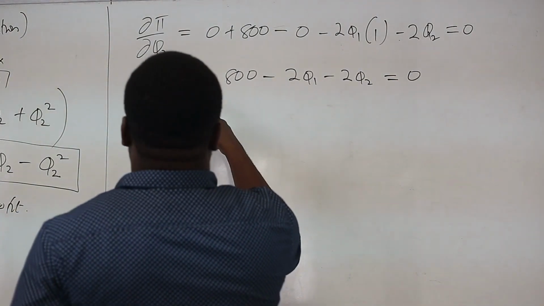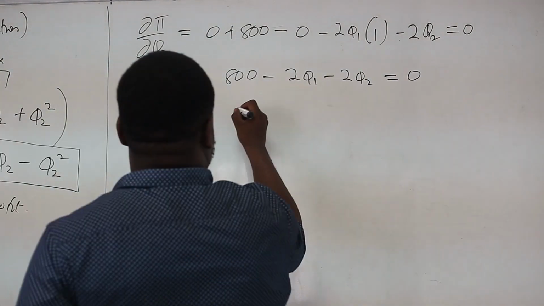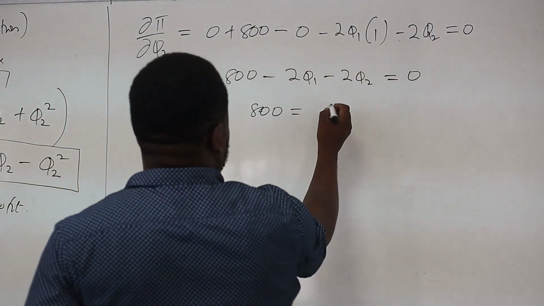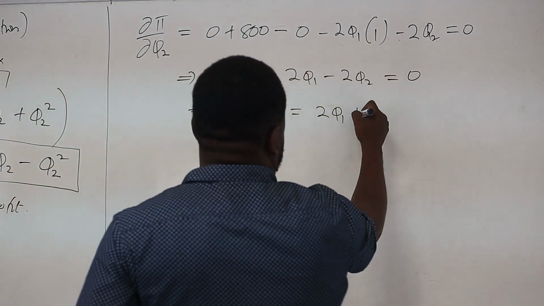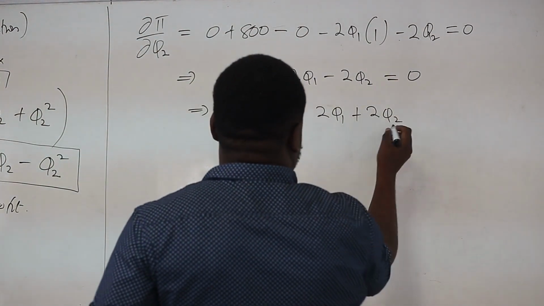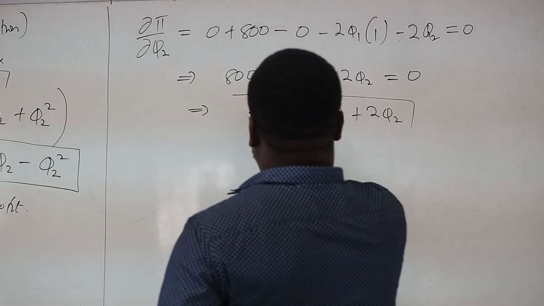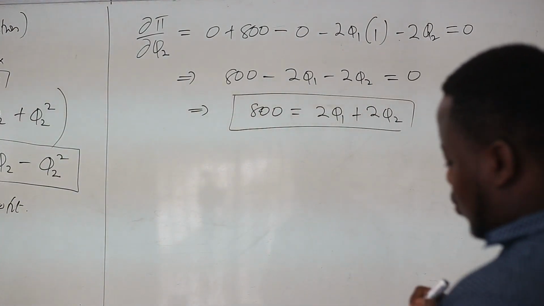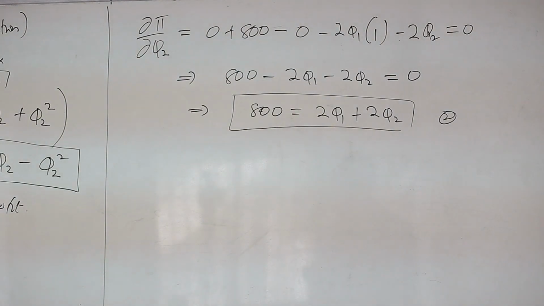So we can send this one there again. So this implies that 800 is equal to 2Q1 plus 2Q2. So this is equation 2. So what you have to do is find Q1 and Q2.